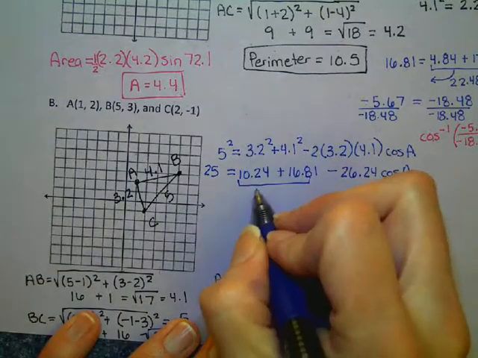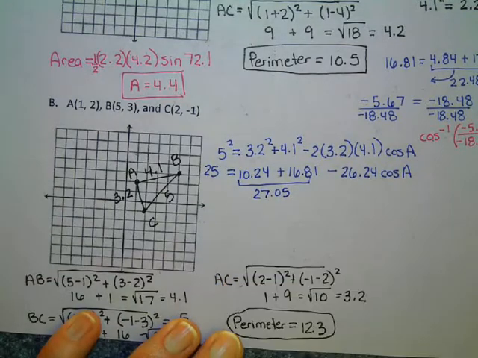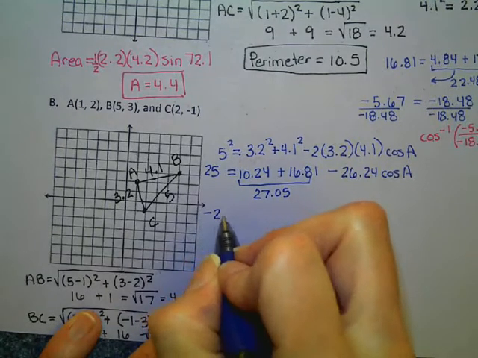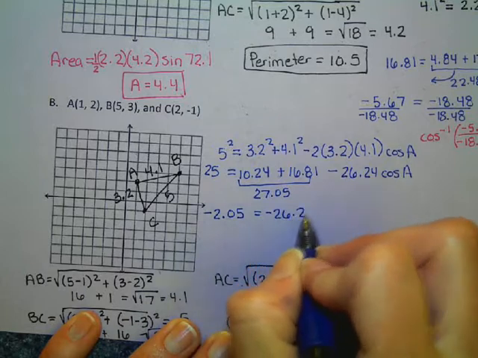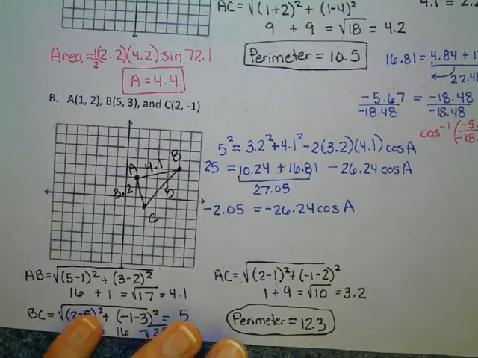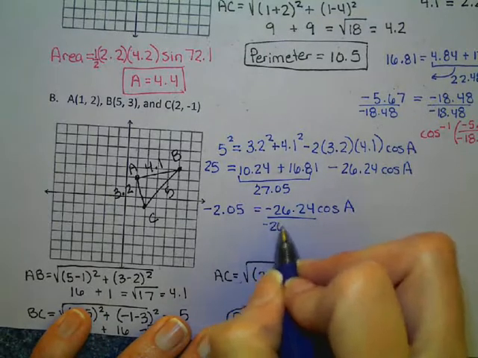Okay, I'm going to combine these two numbers and then subtract it to the other side, or you can subtract them individually. These two add up to 27.05. 25 minus 27.05 equals negative 2.05.